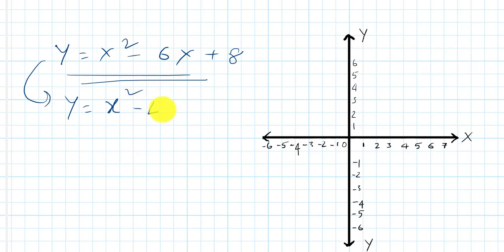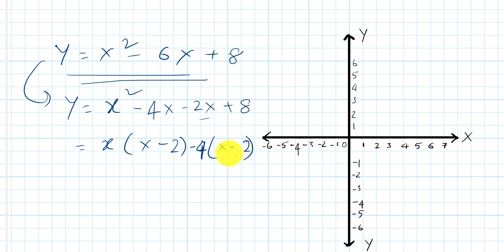Okay, so we know 4x and 2x, right? 4 times 2 is 8 and 4 plus 2 is 6, right? So we can write this as x minus 4 and x minus 2.